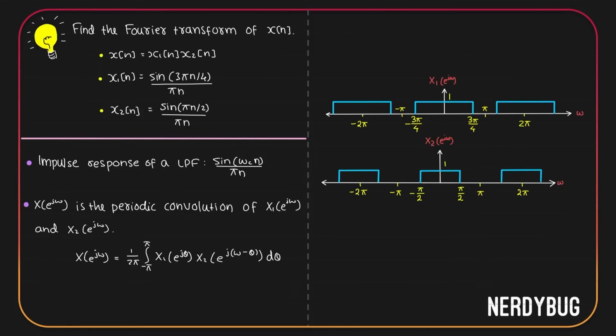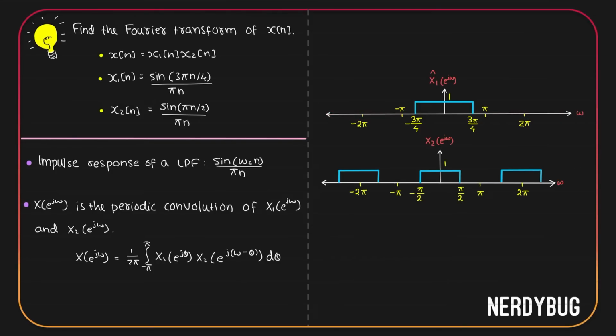We can do a trick here. The convolution is only from minus pi to pi. That is from here to here. Between minus pi and pi, we only have this. So we can take a function that is equal to 1 period of X1 of e raised to j omega. This function is anyway 0 everywhere else.